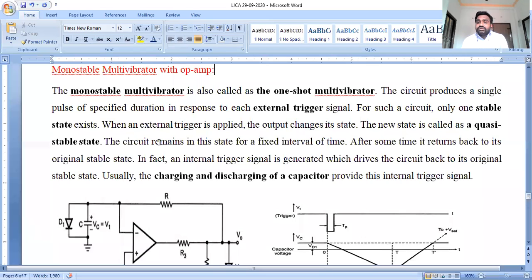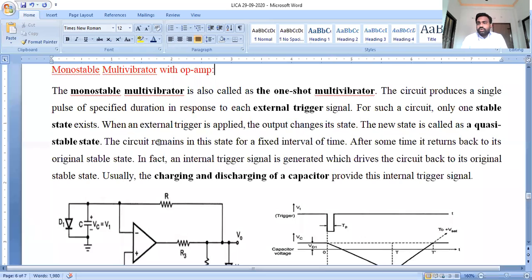It is stable at only one state, only one single operating state. After reaching its stability, it will move towards the quasi-stable condition, and again it will transform from the quasi-stable condition to the original stable operating condition.